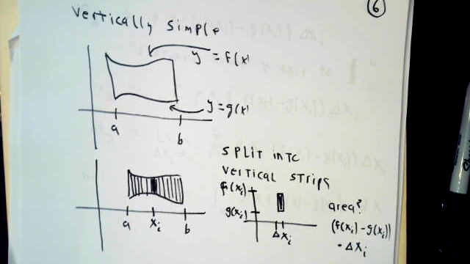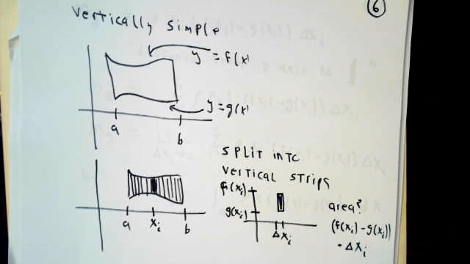The reason that this is called vertically simple is that you can imagine slicing it up into vertical rectangles. What we'll do is figure out the contribution to each of the moments from one of these rectangles, add them all up, and then we'll be able to see how to convert this into an ordinary integral.